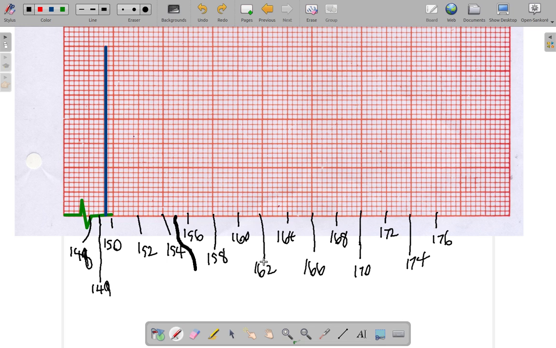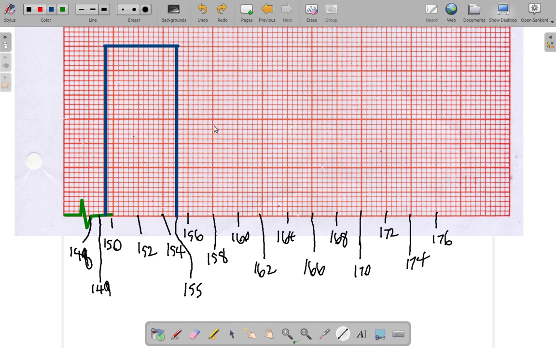So let me do that again with a thinner line. Right here would be our 155. So that is where you would start your line, or end your bar, I should say. And you go up and close. Good.